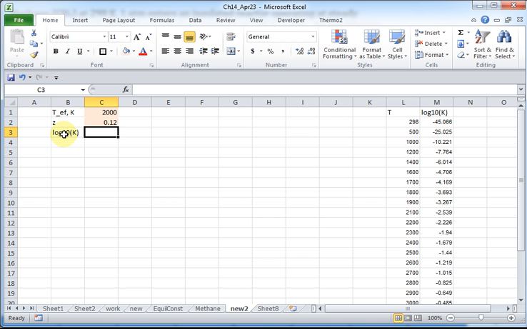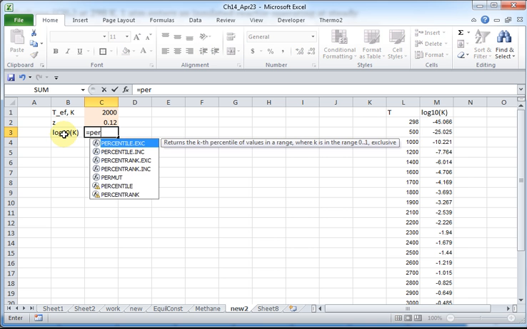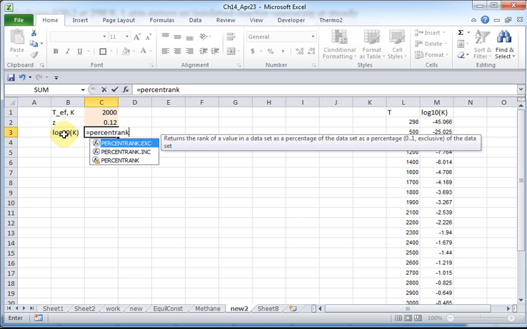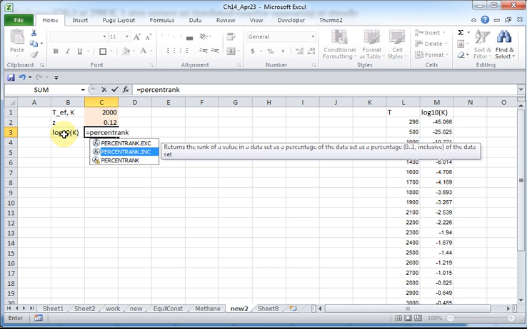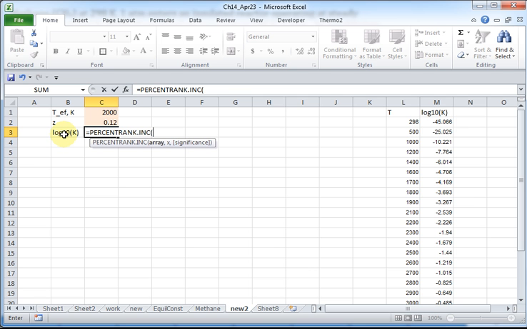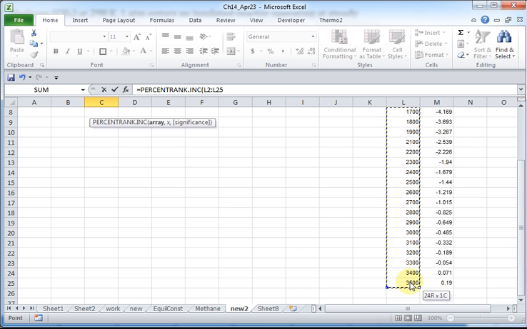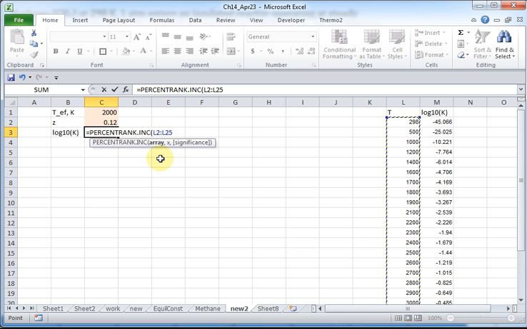And the first thing you do is find a percent rank, and we're going to do it for inclusive. Now you can read more about this routine, but that's the routine. And since I'm coming in with temperature, I need to know where that 2000 falls in this range of temperatures. So in that given array, see the array, that's my array, I want to know where this value of x, 2000 or temperature, falls.